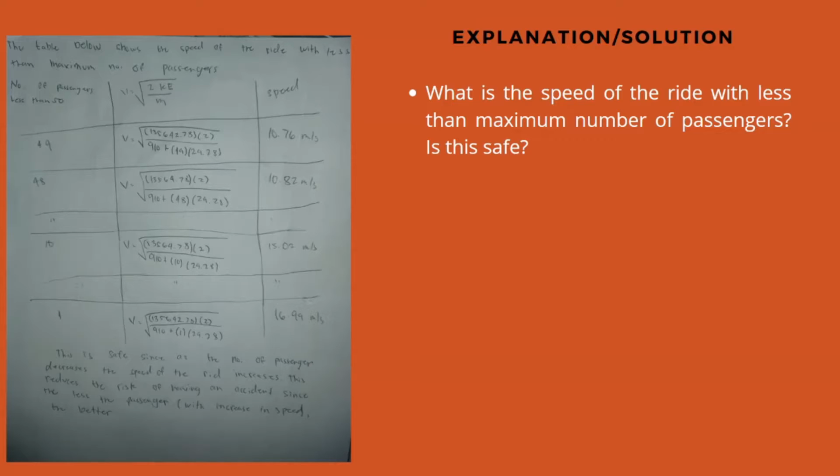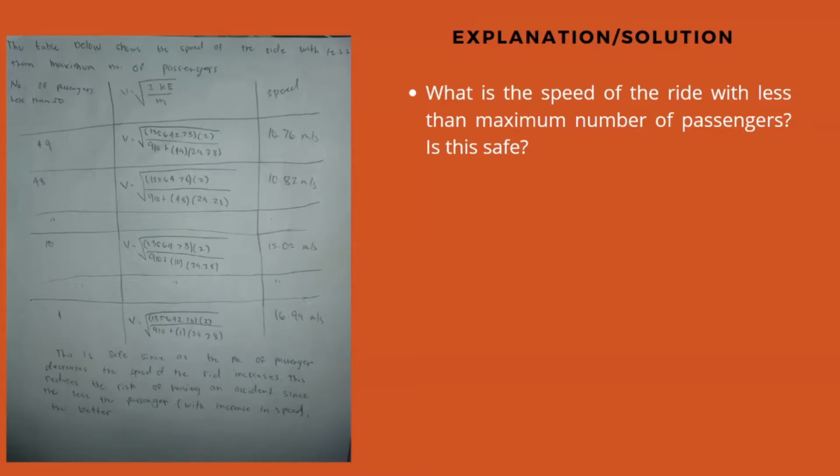second. So when the passengers are 48, V is equal to the square root of 134,642.78 times 2 over 910 plus 48 times 29.28, and the result of the speed will be 10.76 meters per second.